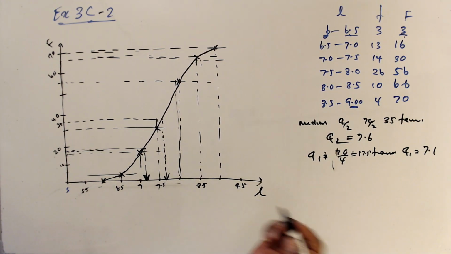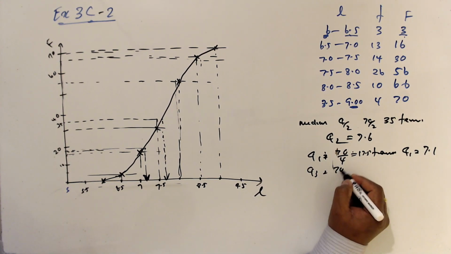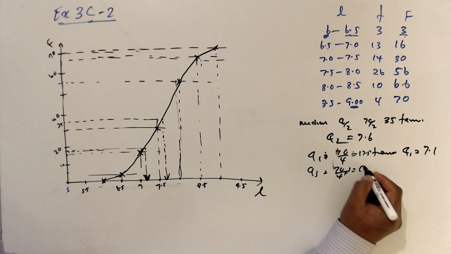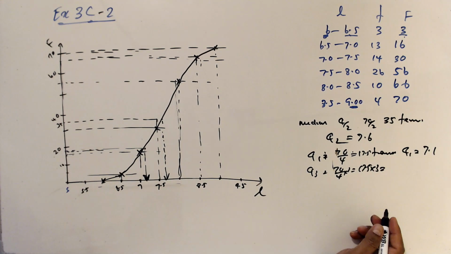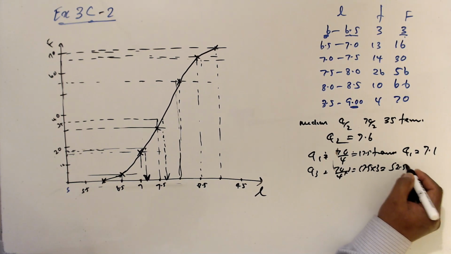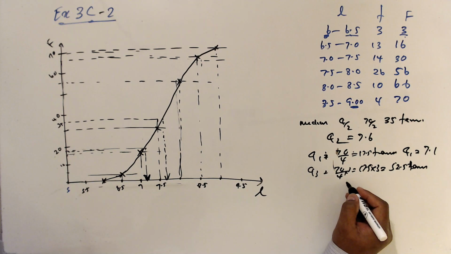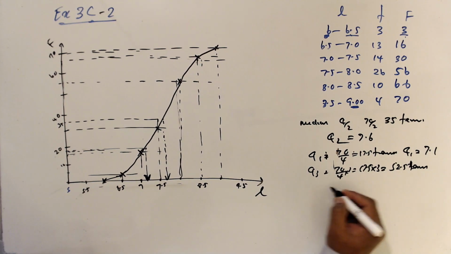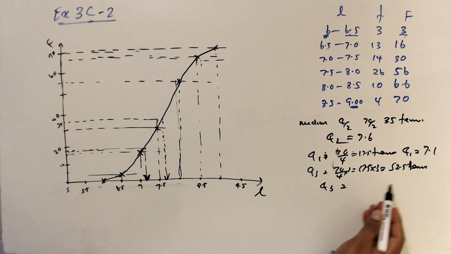This is 7.1, and Q3 is 17.5 times 3, which is 52.5 term. So Q3 is 52.5.